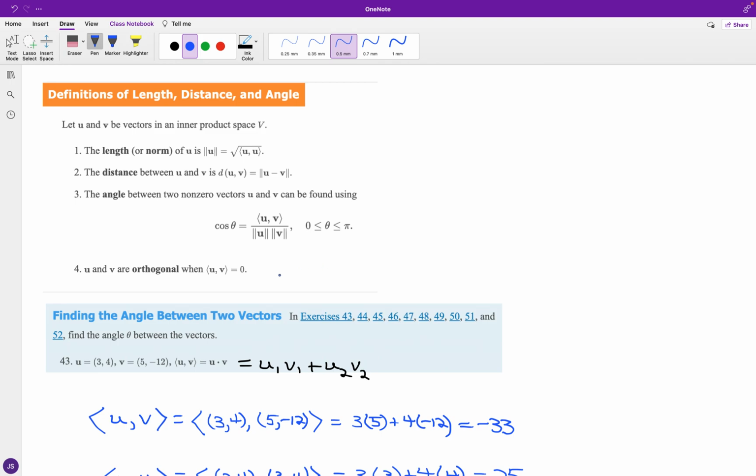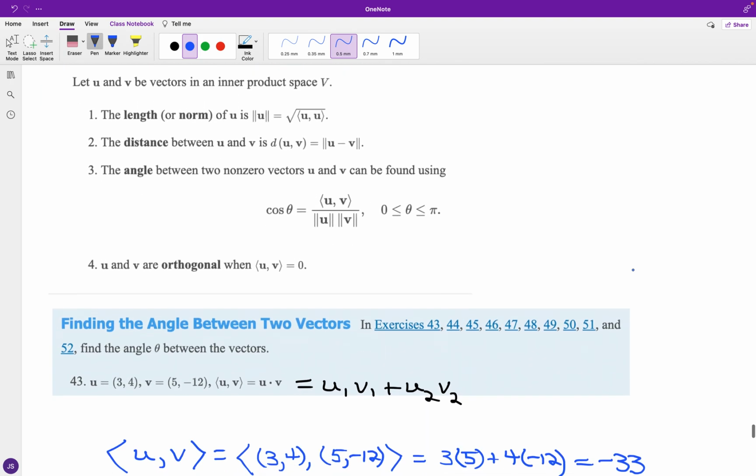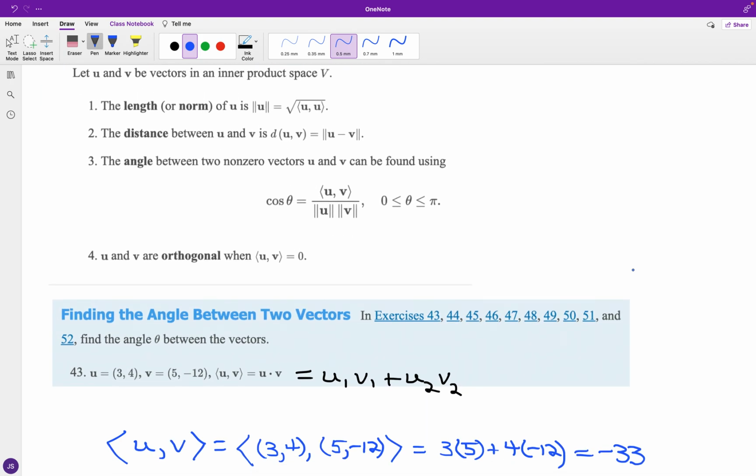Looking at the determination of the angle between vectors, say u consists of 3 and 4, and the components for v are 5 and negative 12. The inner product is defined by the dot product of u and v, the sum of the products u sub 1 v sub 1 and u sub 2 v sub 2.